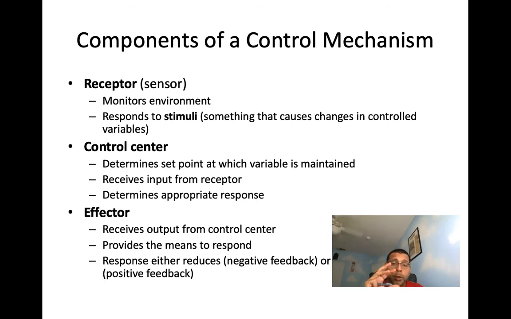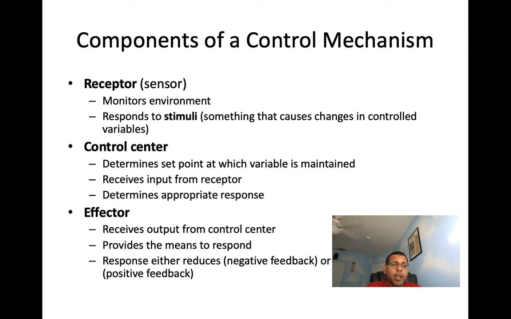Then the control center analyzes and integrates the input that it receives, and determines an appropriate set point or response, or you can think of it as a course of action to that input.